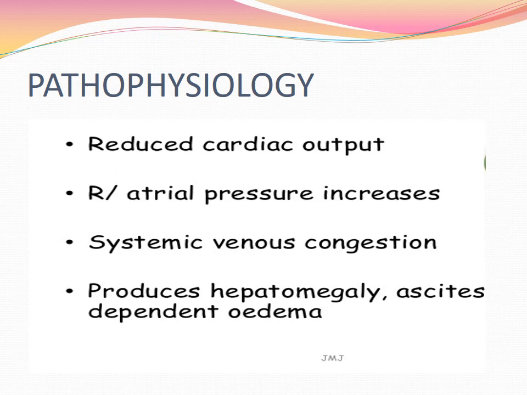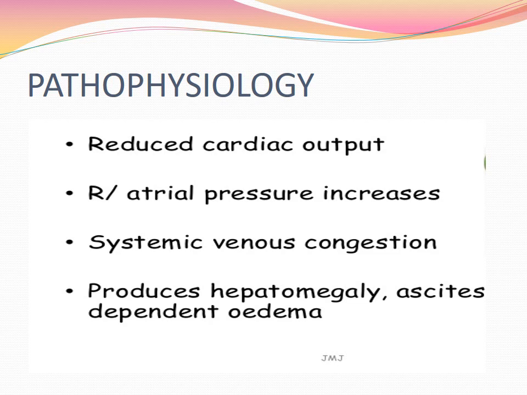Now pathophysiology. I showed you the picture, so you know that there's going to be stenosis or regurgitation, and whatever blood is supposed to be coming out of the aorta is diminished, so there is decreased cardiac output. As I showed you in the picture, there is going to be a lot of congestion on the right side.